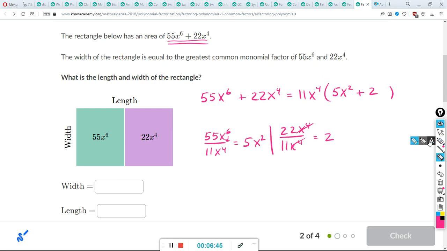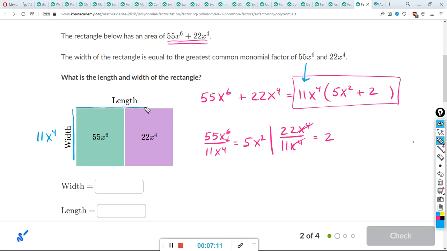Now, it's weird that they set it up as a rectangle, but on all of these problems, this piece right here is going to be the width. That's just going to be one number, 11x to the 4th. And the length is going to be this plus this, 5x squared plus 2.